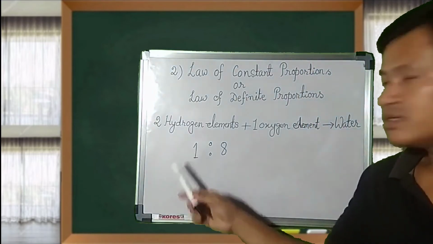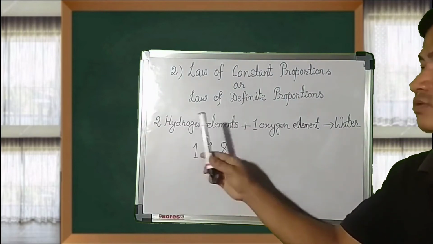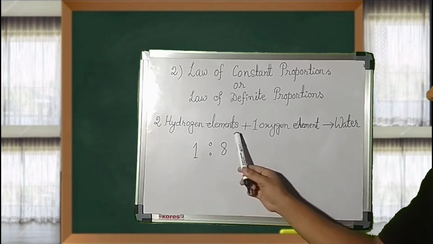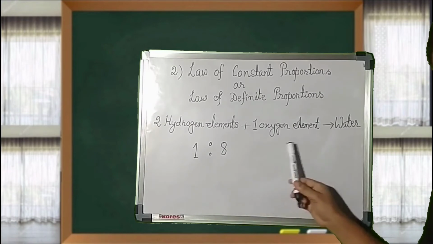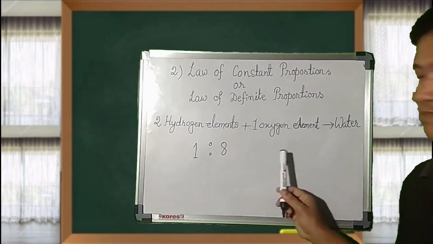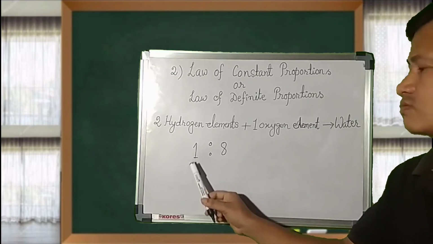Did you get my point? The ratio of the mass of two hydrogen elements to the mass of one oxygen element remains constant, and this ratio is 1:8.